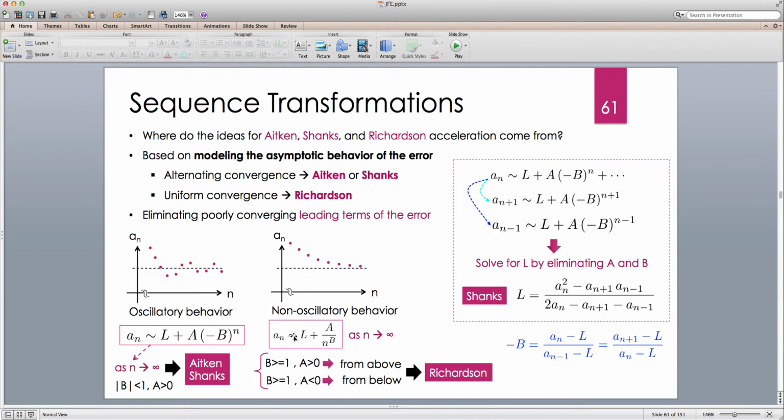When we subtract, we have n plus 1 L and nL, so we end up again with L. So n plus 1 times a_(n+1) minus n times a_n also has a limit of L. It converges to the same limit as the original sequence. But once you look at the order of the error, it actually is 1 over n to the b plus 1 instead of n to the b.